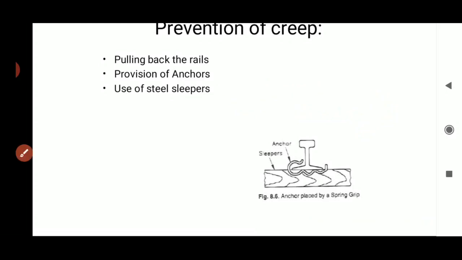So this is also one method to prevent the creep by providing the anchors or anti-creepers.